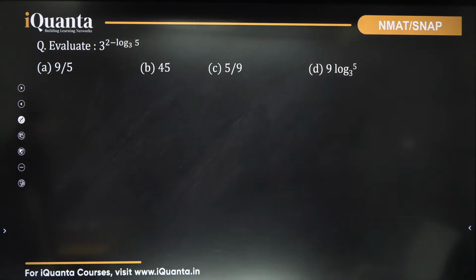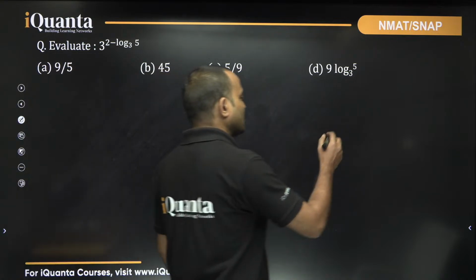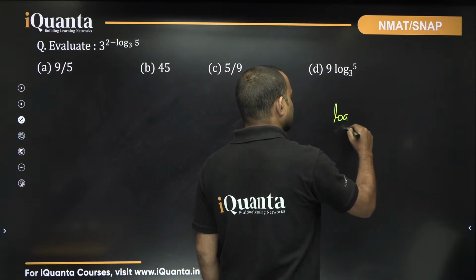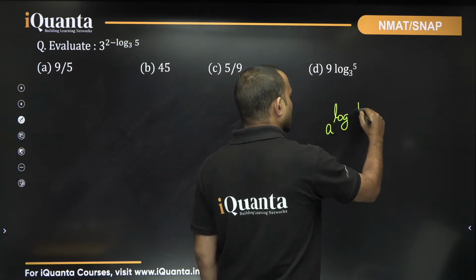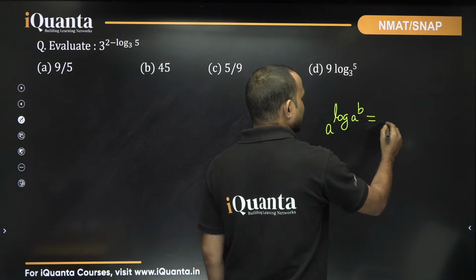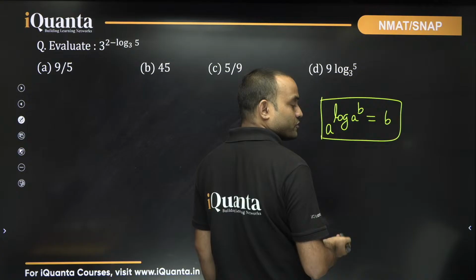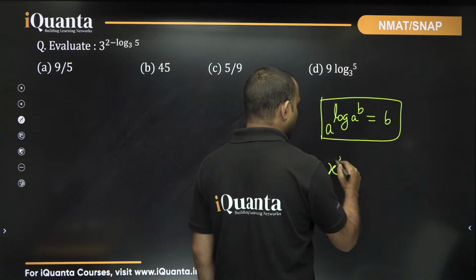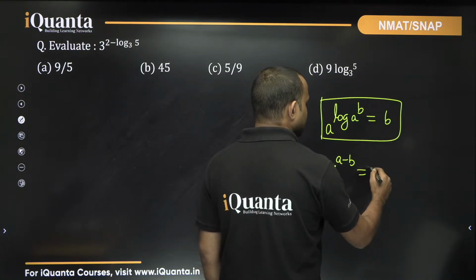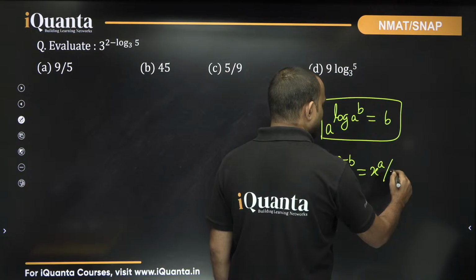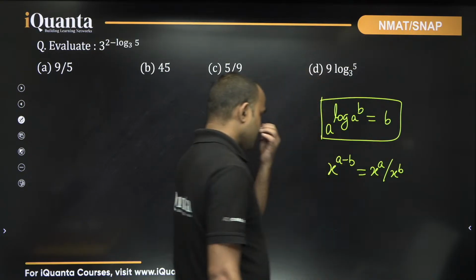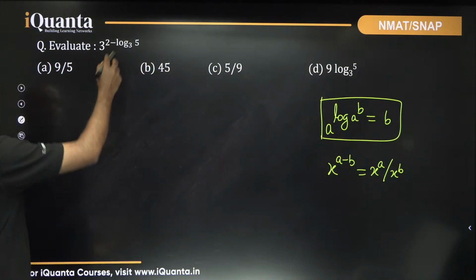What was the answer? Option A. I told you a little while ago that a to the power log b base a is equal to nothing but b. Apart from this, if you have x to the power a minus b, this can be written as x to the power a upon x to the power b. These two concepts we are going to use here.